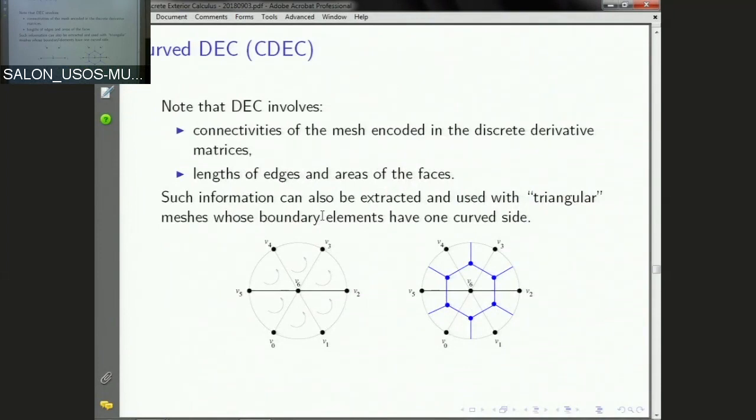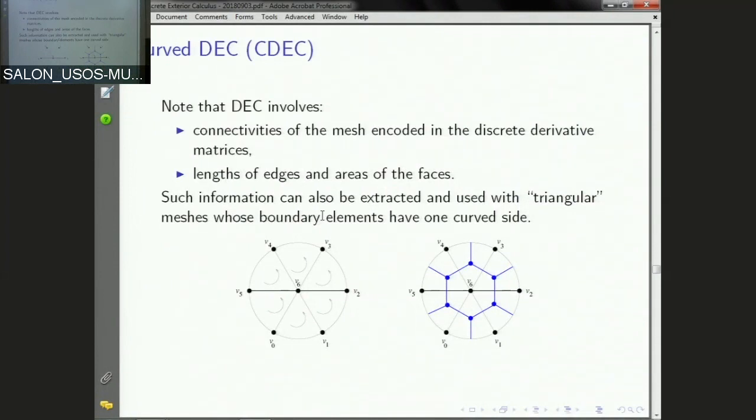You see, the discretization of the derivative, the information it contains is about connectivities of the mesh, and only that. The Hodge-Star matrices contain lengths and areas, the geometric part of the mesh.